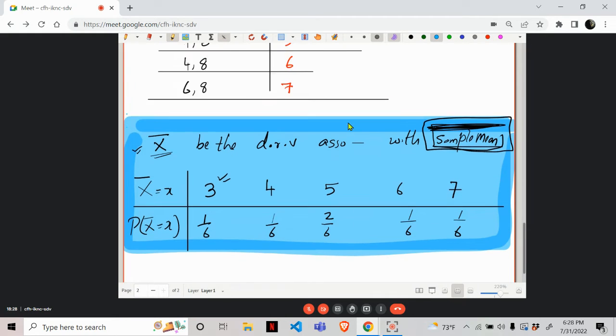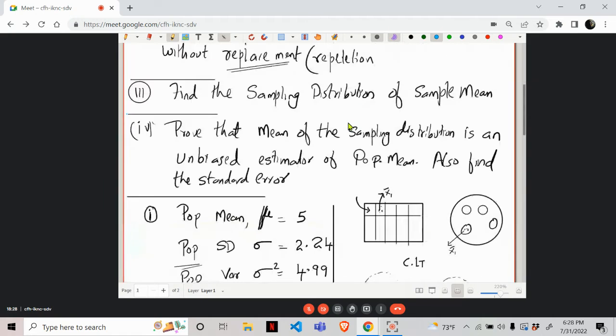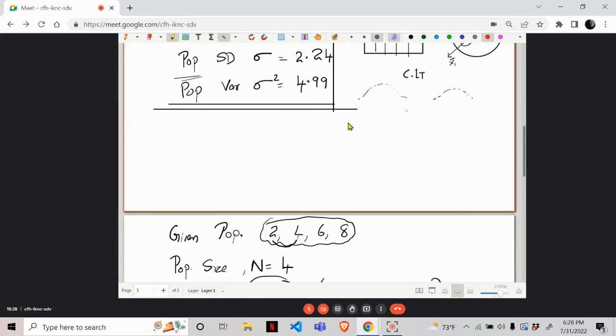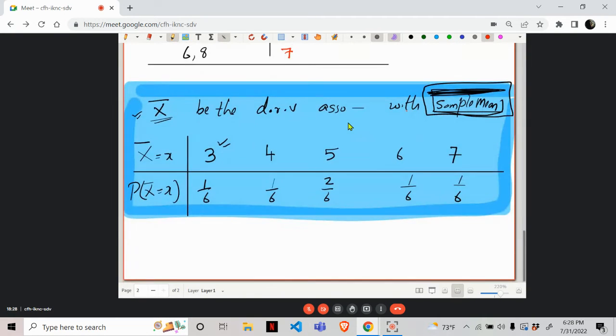Now, can you read the last part? What did they ask you to find? Mean of sampling distribution. Come on. I think most of you still remember the formula, sigma pi xi. So please write. Mean. What is another word for mean?